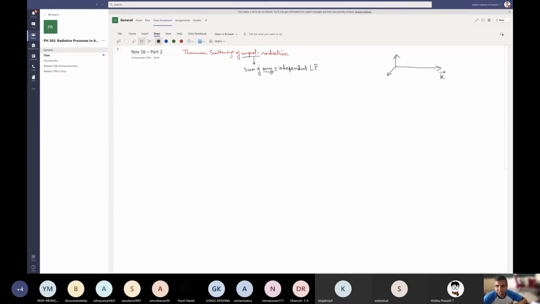So this is the geometry: this is k, this is n hat. We are looking at this particular direction, and this is epsilon 1 hat. Now we are given k and n hat, and we choose epsilon 1 to be in the plane of n hat and k hat. So you have some unpolarized radiation going along the k hat direction.